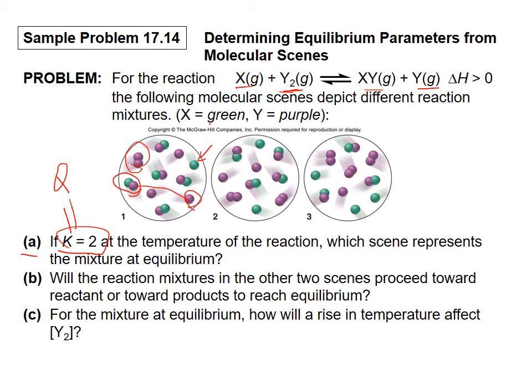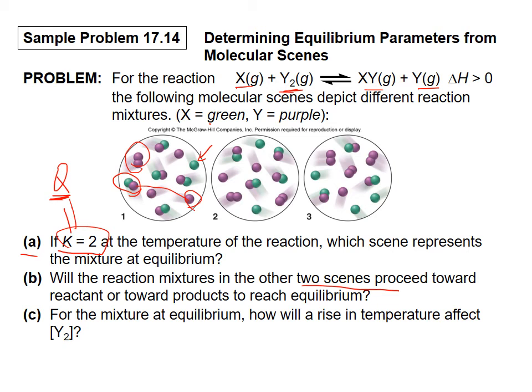And the next one is, for the reaction mixtures in the other two scenes which are not in equilibrium, will they proceed toward reactant or product? So you are asked to predict the reaction direction. Again, if you know Q, then compare with K, and you should know whether the reaction goes forward or reverse.